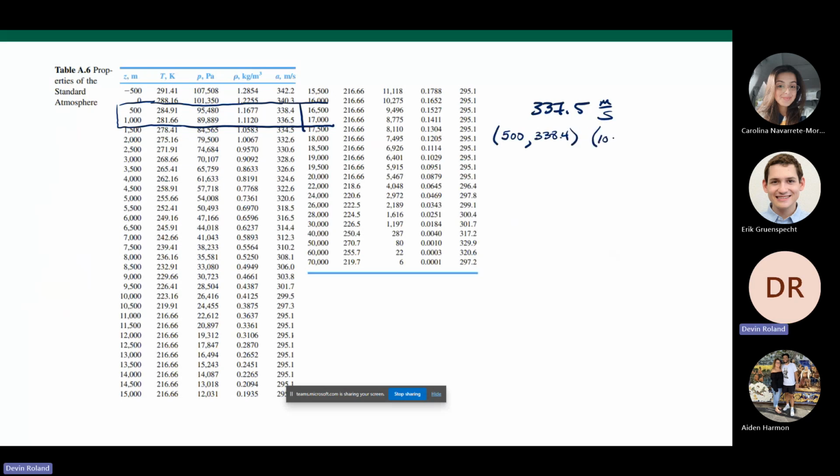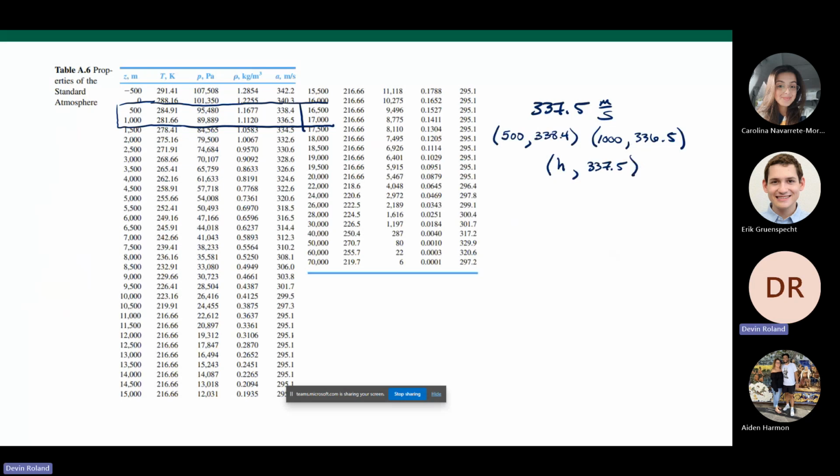Then we have 1,000 meters of altitude, and that corresponds to 336.5. And then we have some unknown altitude, I'll call it H, because that's what I said it was earlier, and that corresponds to 337.5.